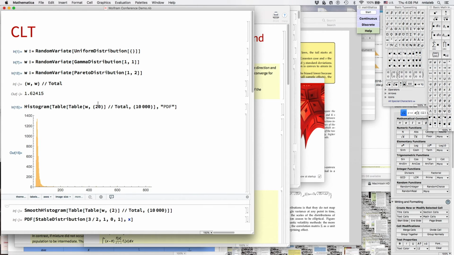Have you heard of something called law of large numbers? Very simple. By tinkering, we're going to try to figure out what this law of large numbers is about, okay? Because practically, central limit is optional for statistics. You could probably do without it or with a more complicated one called generalized central limit.